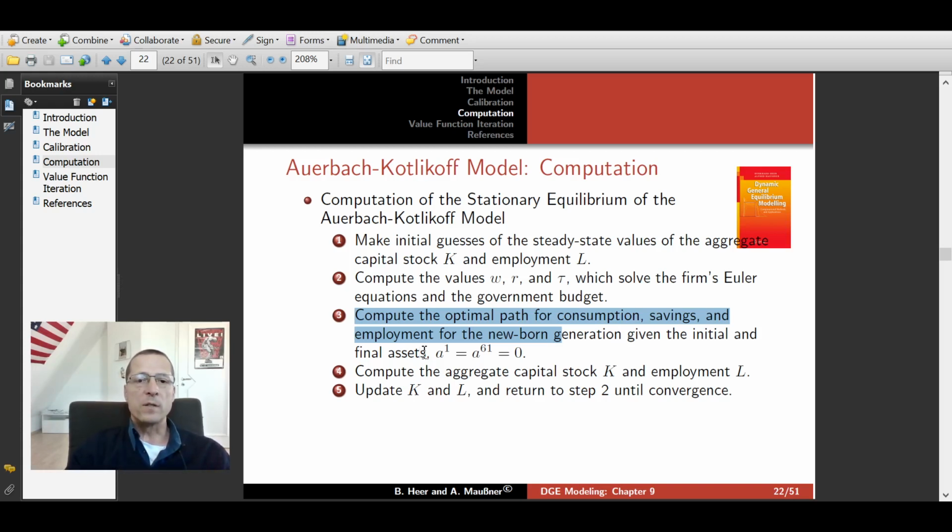But we know that in the first period at age 1, A1 is equal to 0. So we can use our results from the value function iteration, our policy function, to compute next period value of our wealth A2 from the policy function with respect to savings. So this provides us with a value A2.